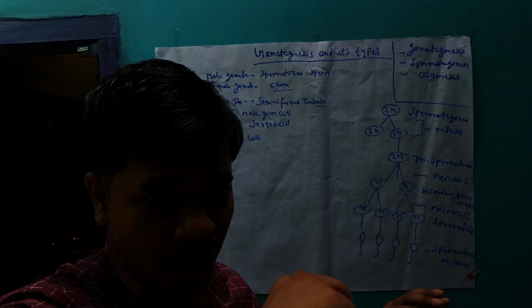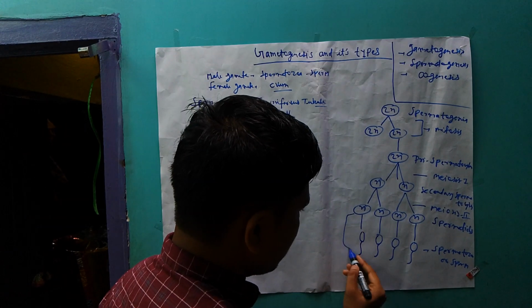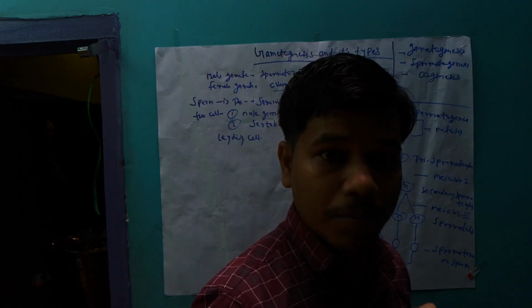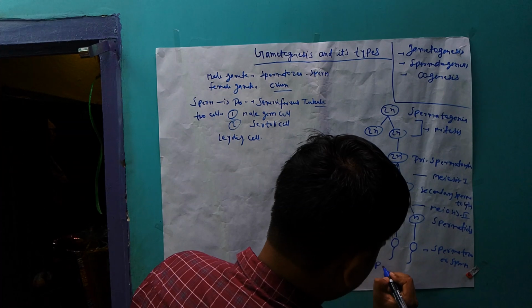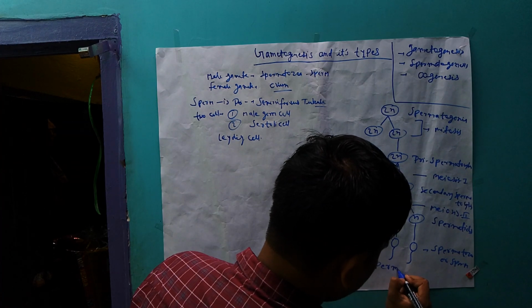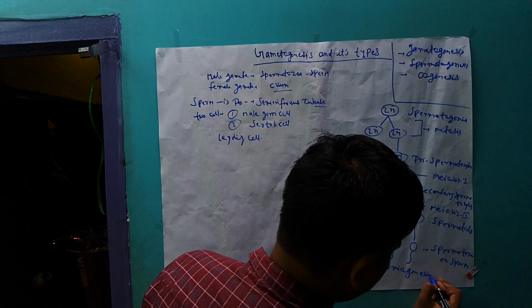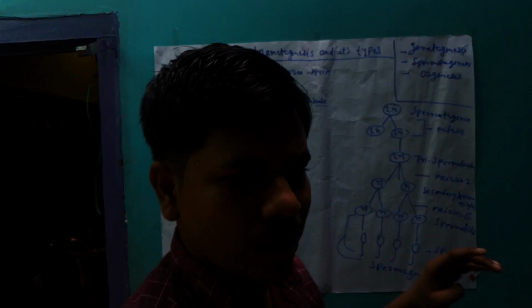The conversion of spermatids to spermatozoa is known as spermiogenesis, not spermatogenesis. This is all the structure of spermatogenesis.